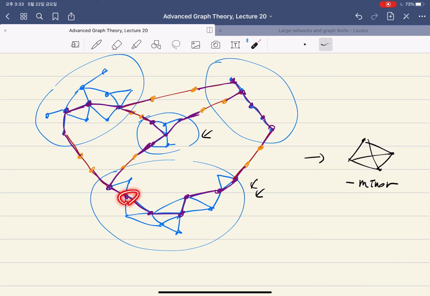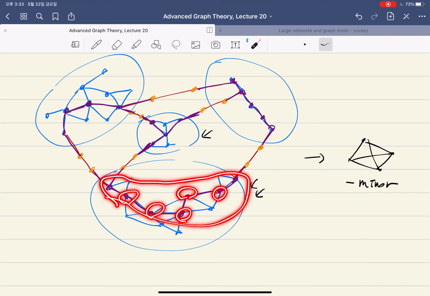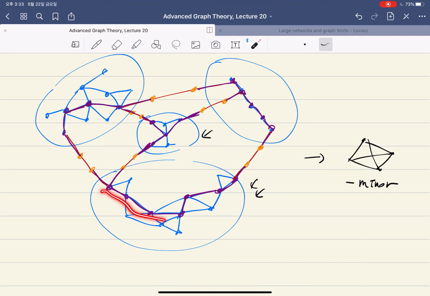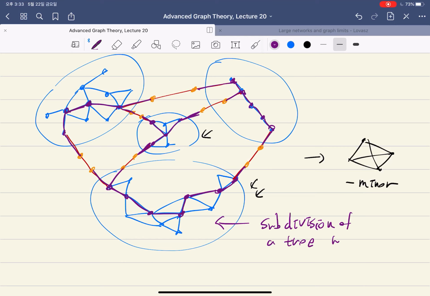But still, even if there are many degree 2 vertices here, one observation is that this purple tree is always a subdivision of a tree with 3 leaves.